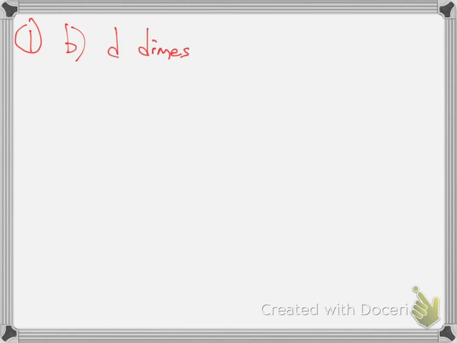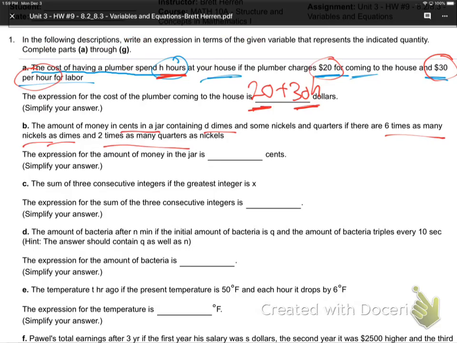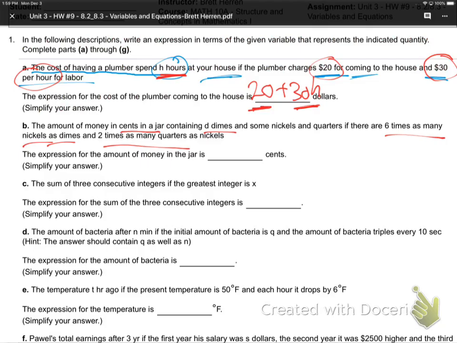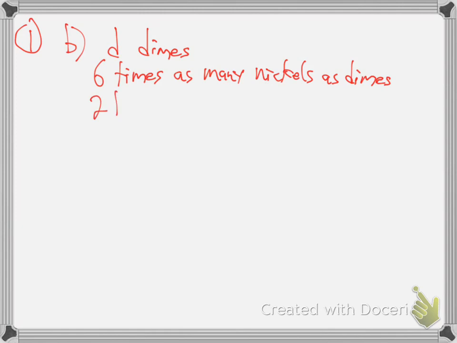And then it says 6 times as many nickels as dimes, and 2 times as many quarters as nickels. Okay. So let's start off.